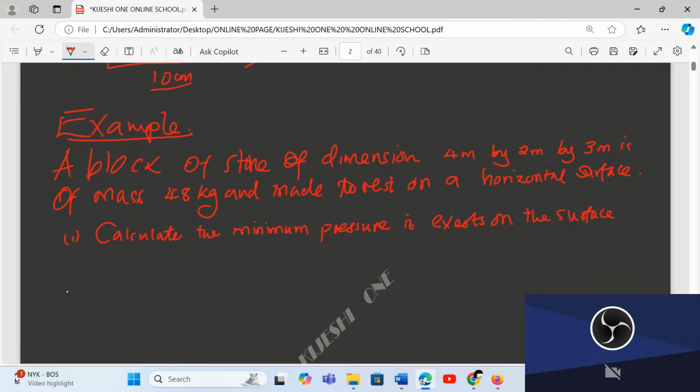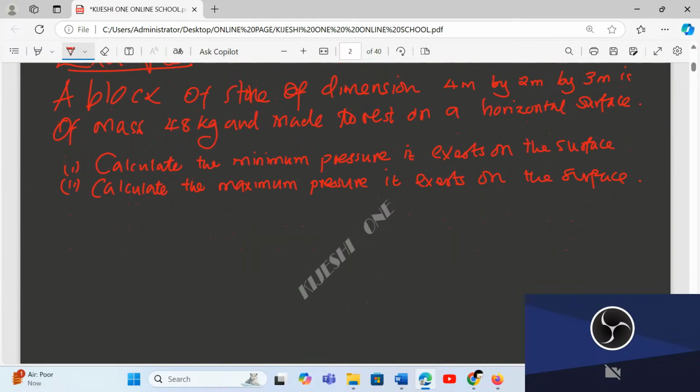Roman 2, the maximum pressure it exerts on the surface. That question can be interpreted diagrammatically, where we can draw it in this manner.